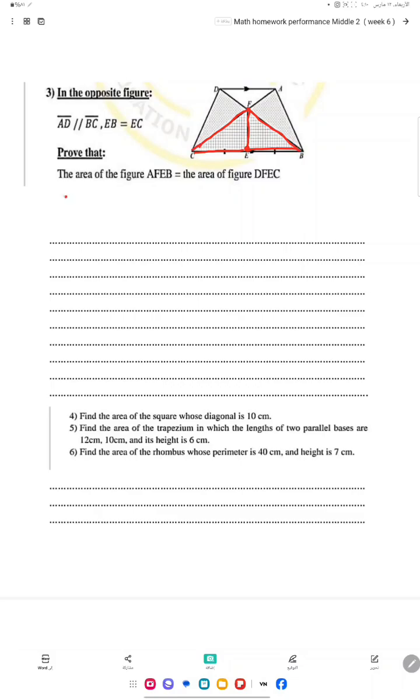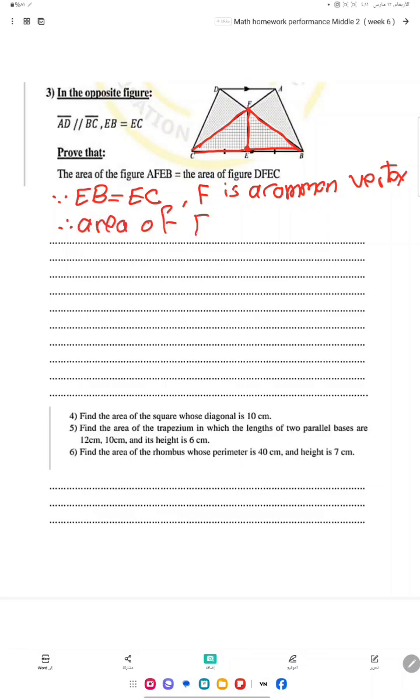F is the common vertex between the two triangles. So the area of triangle FCE equals the area of triangle FEB, and this is number 1.